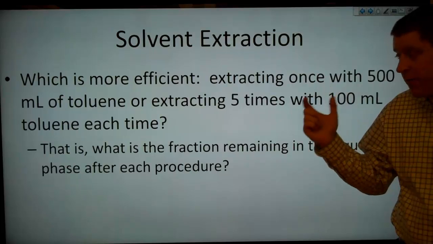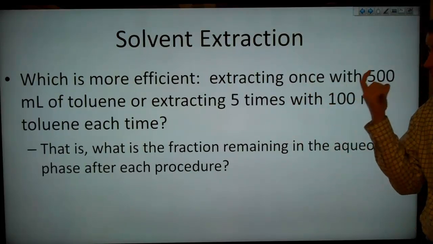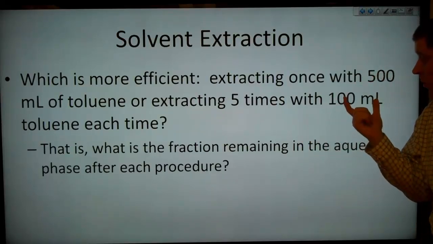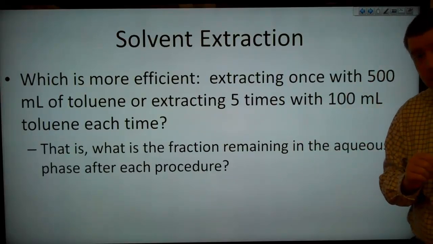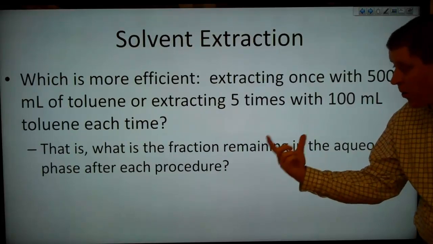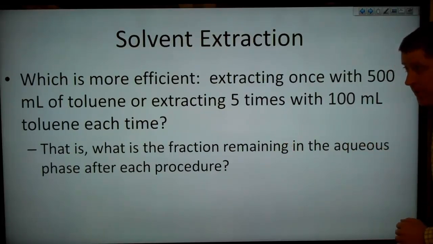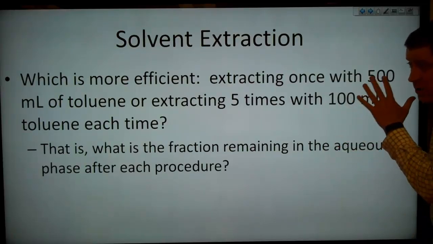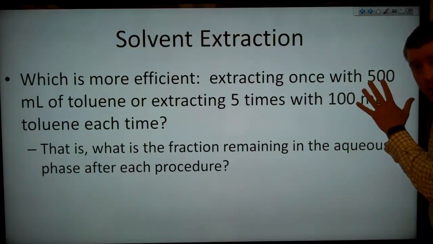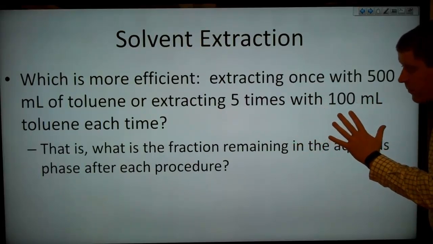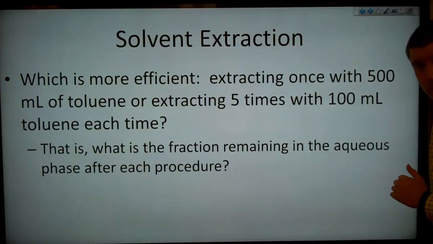Which is going to be more efficient, extracting once with 500 milliliters of toluene or extracting 5 times with 100 milliliters of toluene each time? That is, what's the fraction remaining in the aqueous phase after each procedure, after we've extracted once with a single 500 ml volume of toluene, or successively 5 times with 100 ml volumes of toluene?